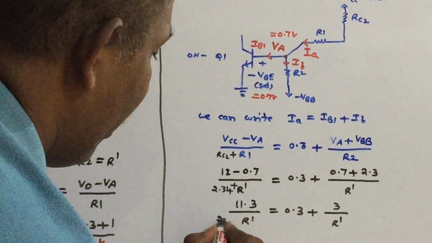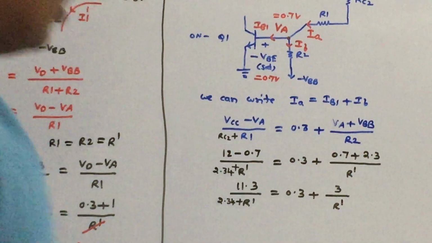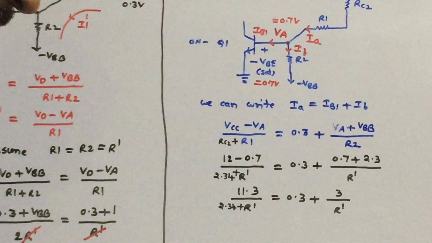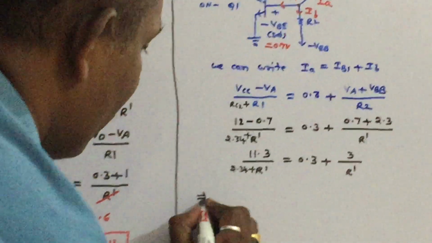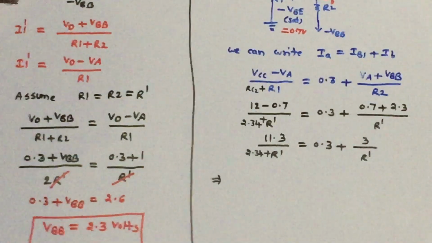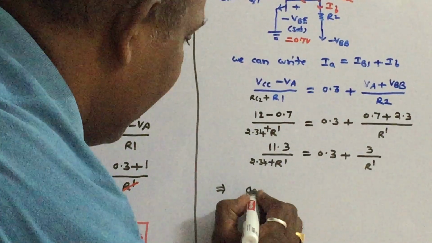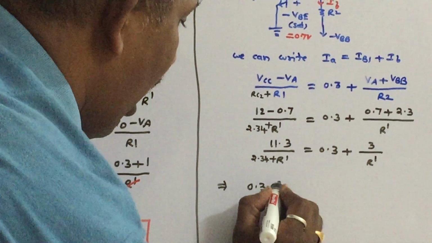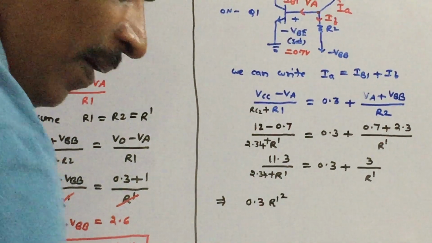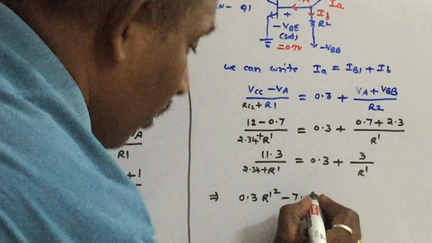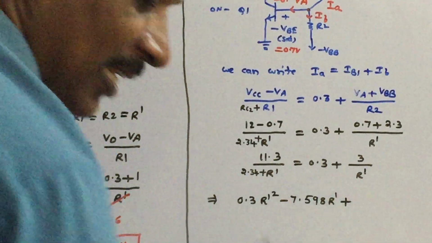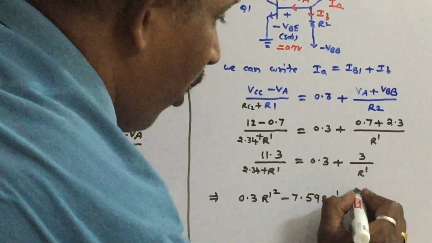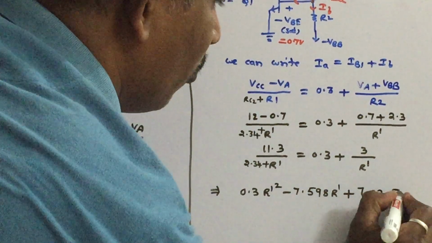Just mention this. If you simplify this equation, we arrive at 0.3 R dash squared minus 7.598 R dash plus 7.02 is equal to 0.